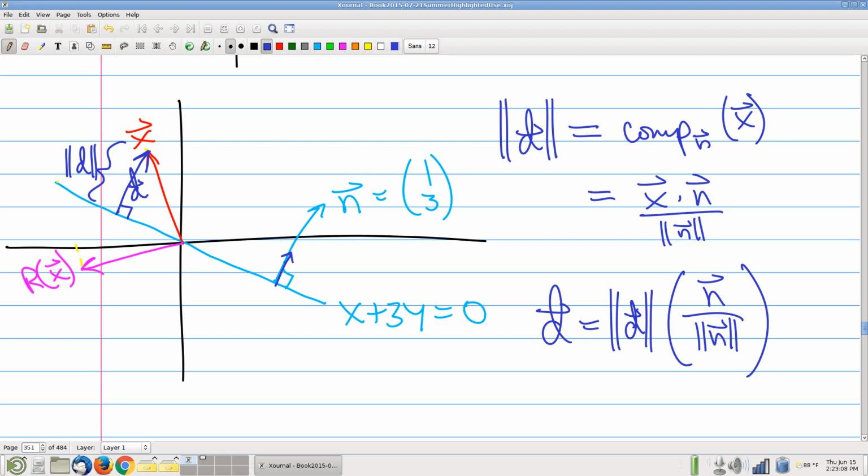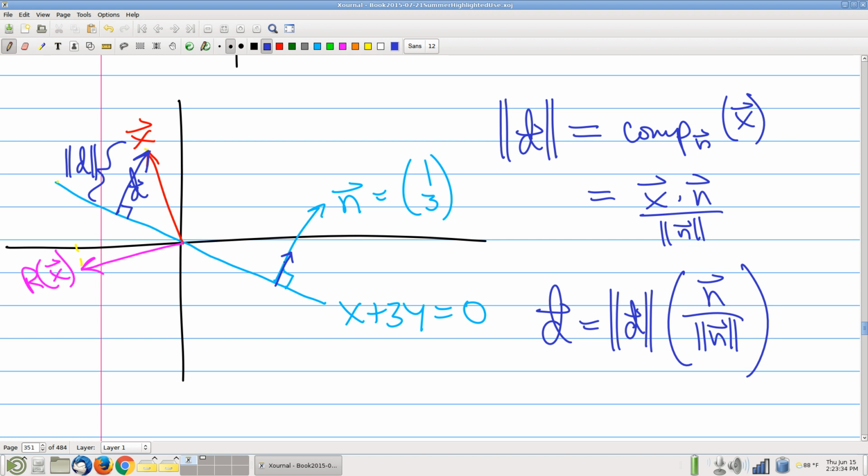That'll give me the d vector, because this unit vector has magnitude 1 multiplied by magnitude of d. This product has magnitude equal to what it's supposed to, and it points in the direction of the n vector, which of course so does d.